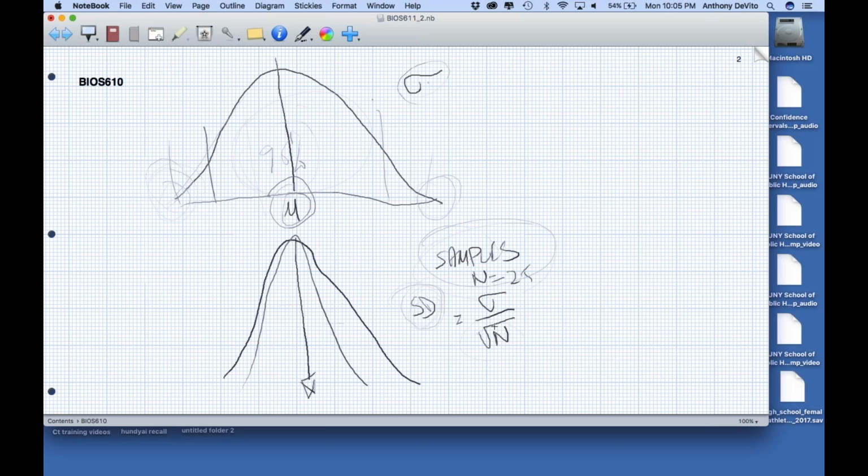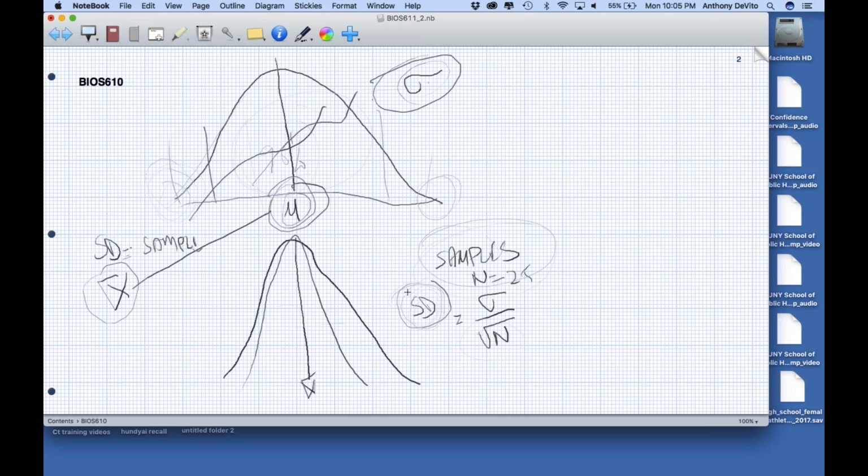We use the term standard deviation when we take a sample, but that is the standard deviation of the sample that we took, which approximates the standard deviation of the population. And we use X bar to represent the mean, which approximates the mean.